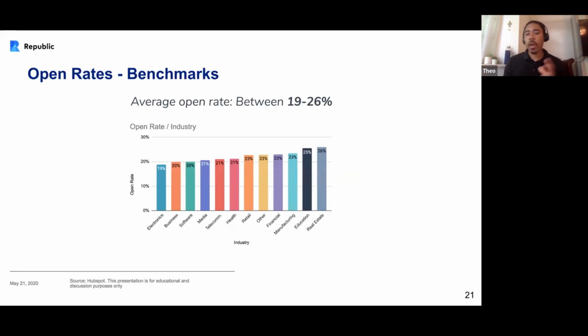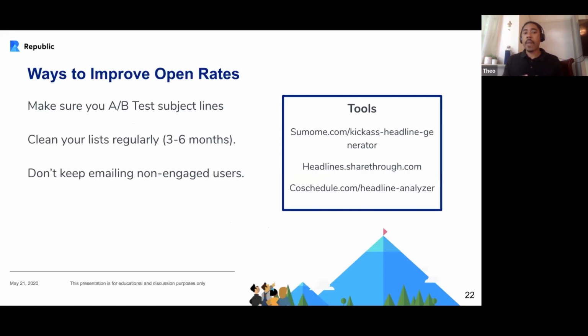So regardless of what industry you're in, you should be looking at your open rate between 19 to 26%, right? That is what we have seen as the average for the industry. Obviously you want to be better than that, but for the time being, if this is what you're seeing, 19 to 26, that's not bad going. And if you are seeing much lower than that, it might be that you need to clean your lists because you're emailing the wrong people, and those people will never open, and they are harming your open rates.